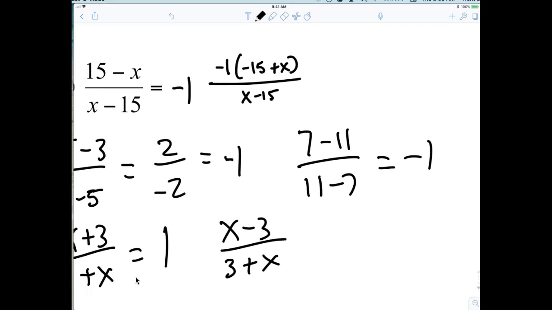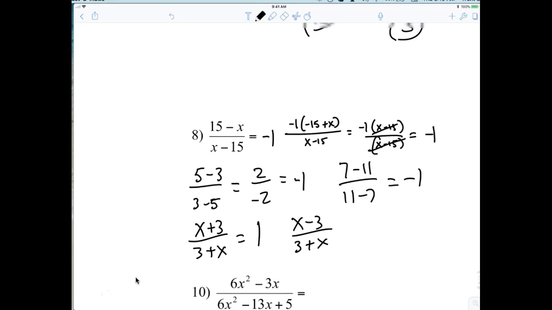Now the numerator becomes x minus 15 and x minus 15. So what happens to the two x minus 15s? They cancel, so your final answer is negative 1. You can do all of that, or you can just remember, x minus 15 over 15 minus x is what? Negative 1. Alright, is everybody with me?